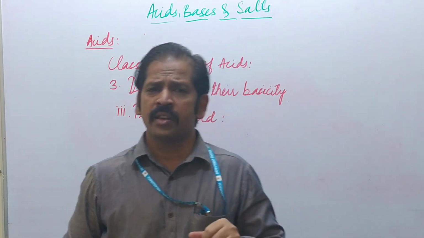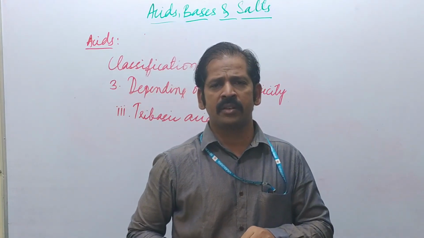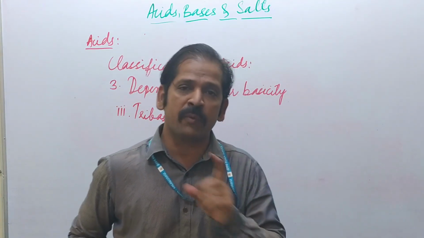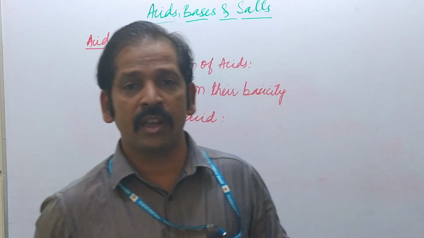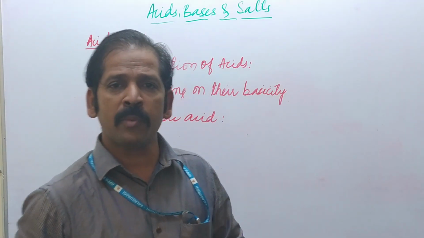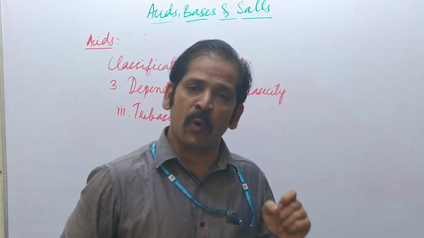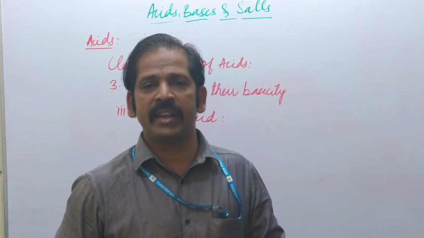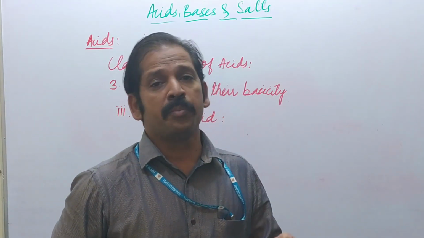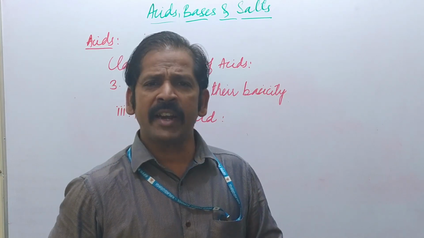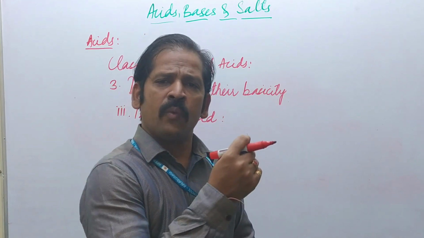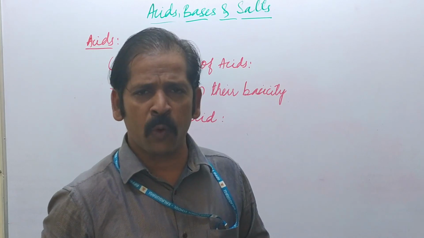Which are the acids having 3 hydrogen atoms? One is phosphoric acid, the other is boric acid. The formula of phosphoric acid is H3PO4 and boric acid is H3BO3. We'll take phosphoric acid, H3PO4.